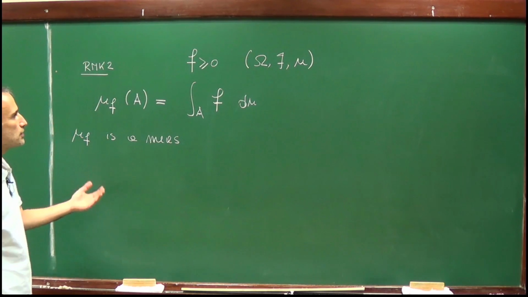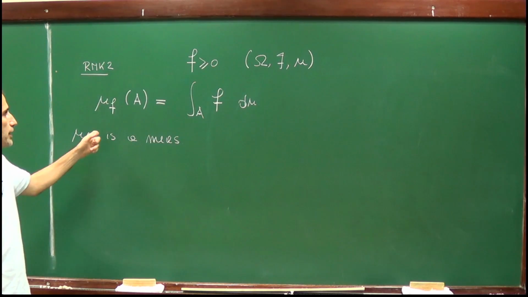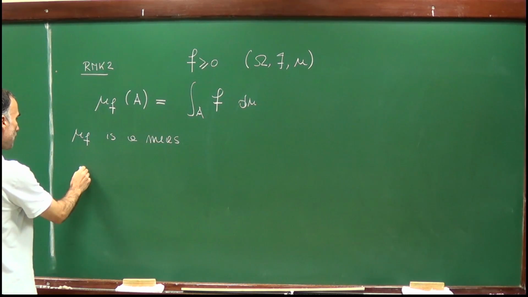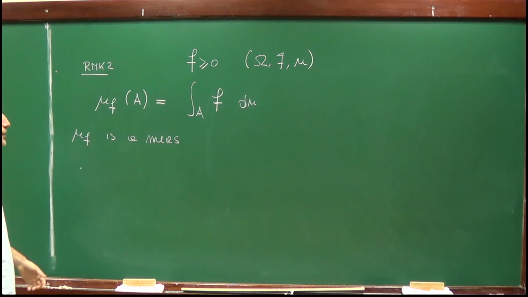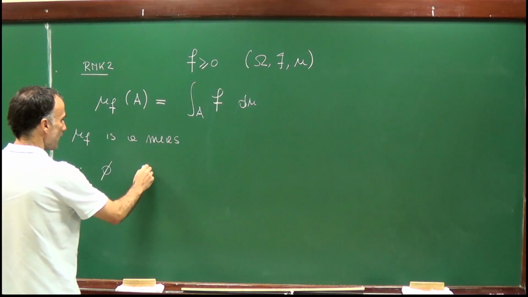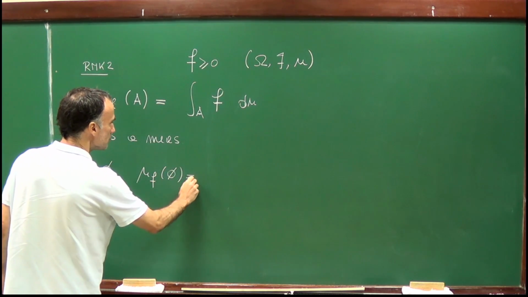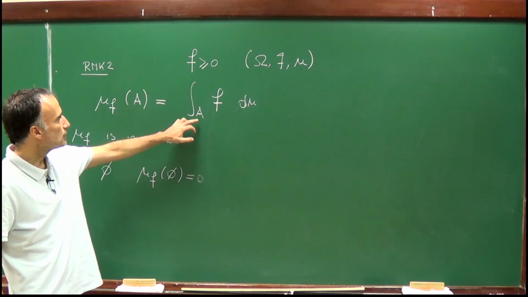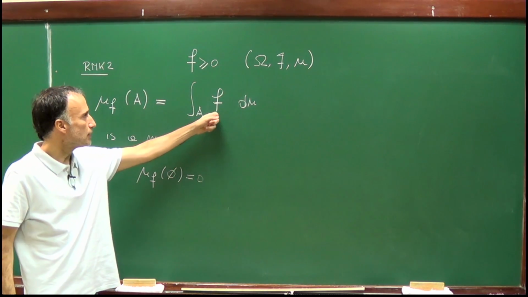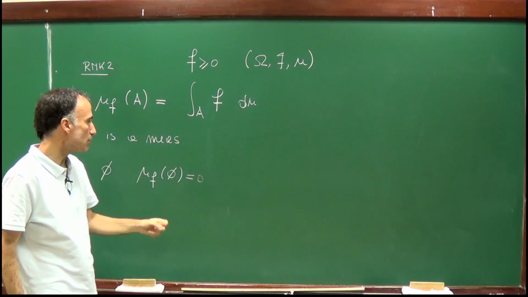And I will use the monotone convergence theorem in order to prove that mu_f is a measure. Well, this is easy. If I take the empty set, it's clear that mu_f of the empty set is equal to 0, because we have seen that the integral of any non-negative function over a set of measure 0 is equal to 0.